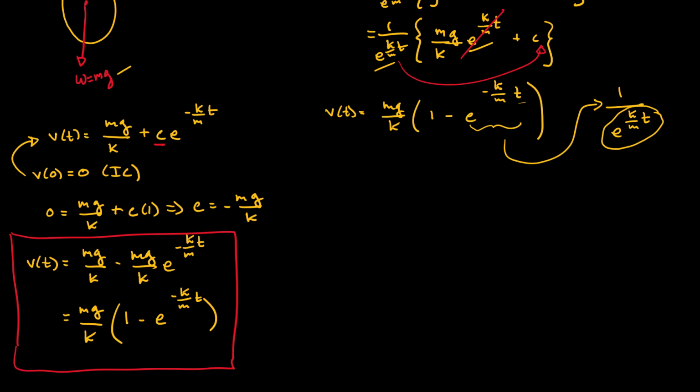And for very large t, this will become so small that it becomes unimportant, and essentially becomes 0. And therefore you will just have 1 minus 0. So for very large times, so let's say t goes to infinity, the velocity is just equal to mg over k. And this is what we call a terminal velocity.